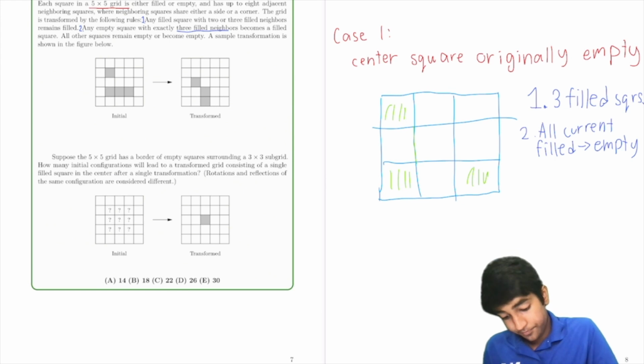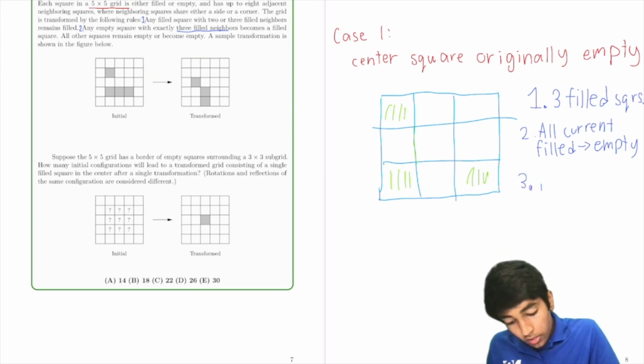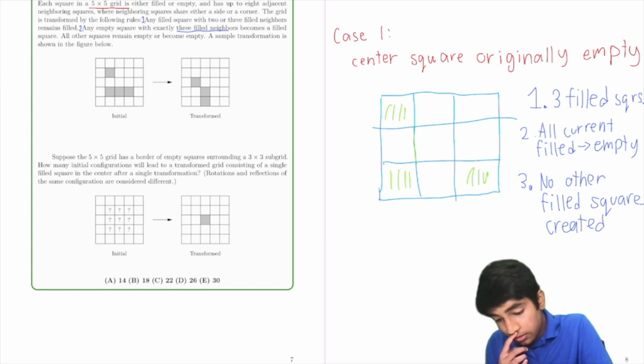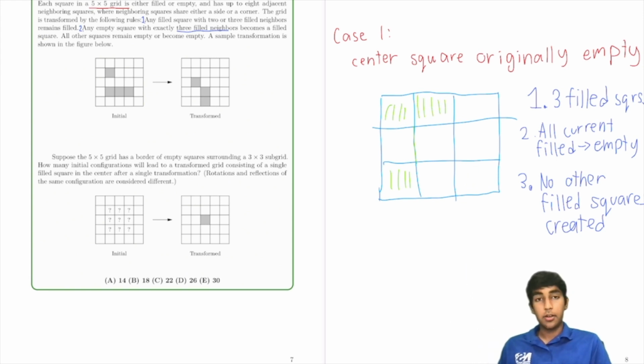Condition number 3 is that no other filled squares are created. What does this mean? Well, for example, let's say we have something like this. This is our initial configuration.